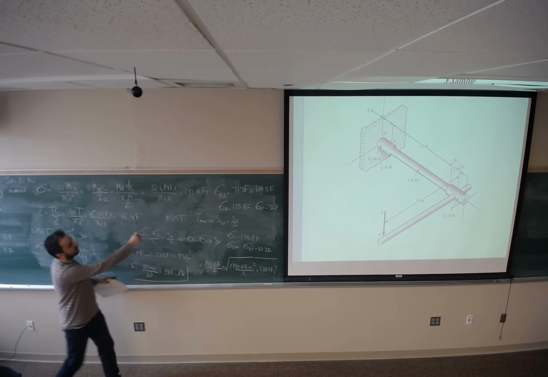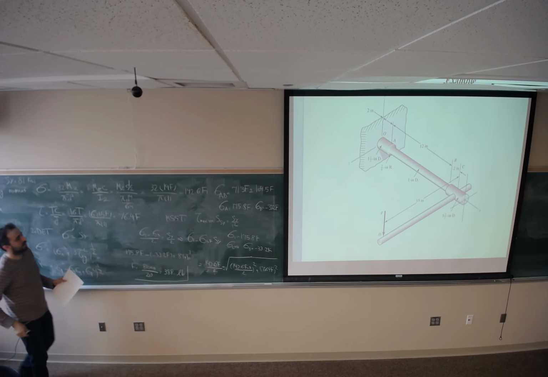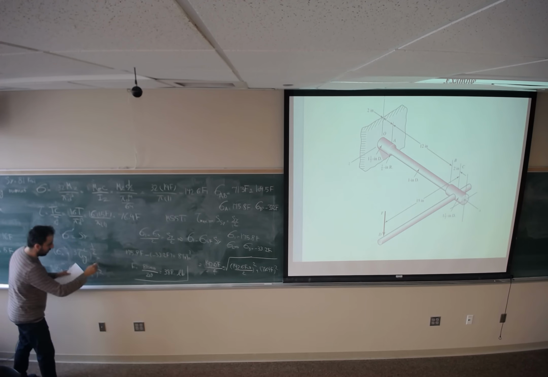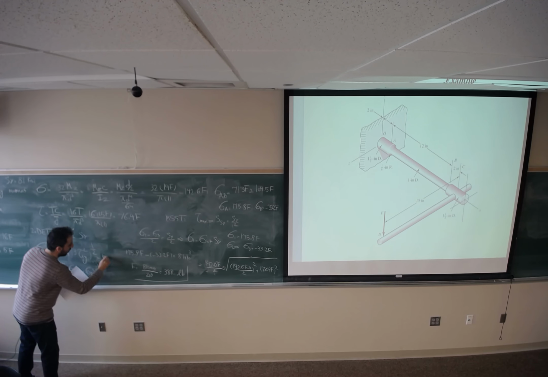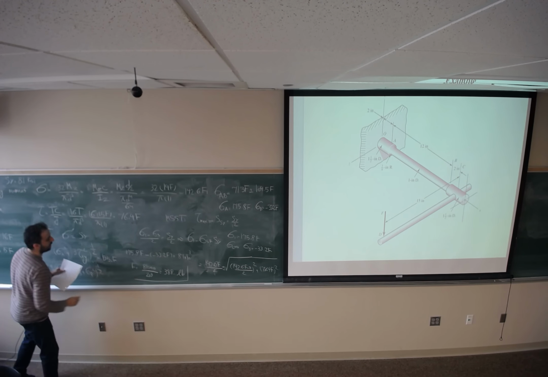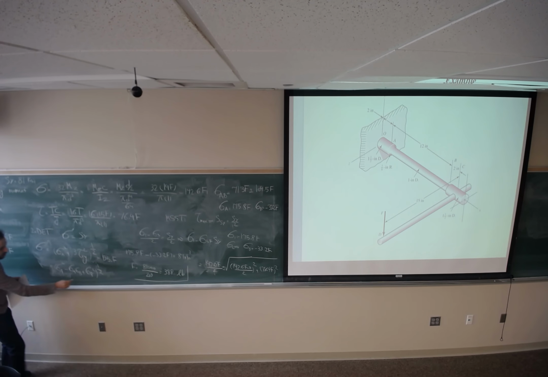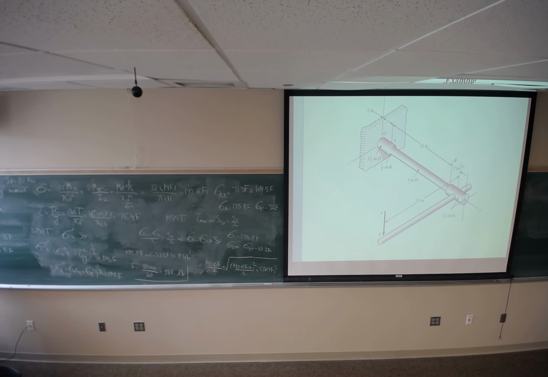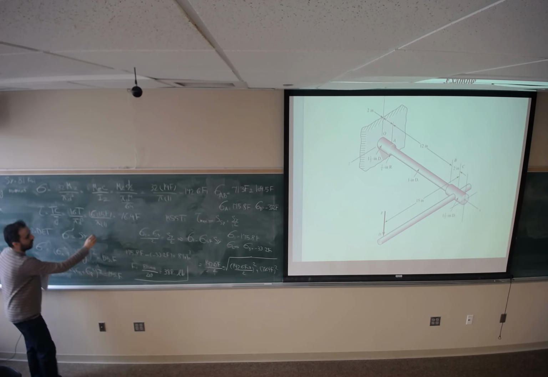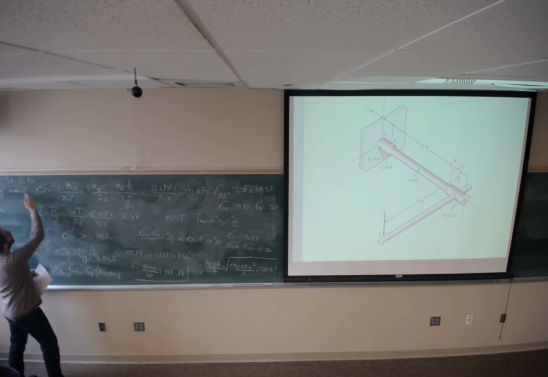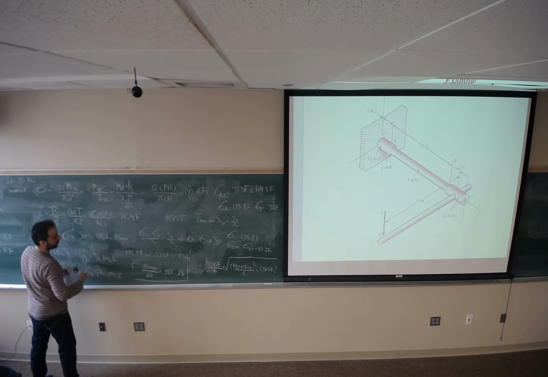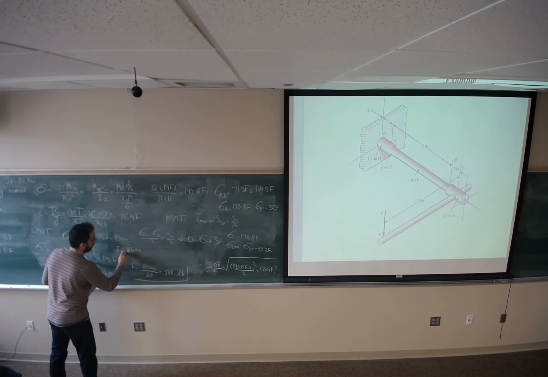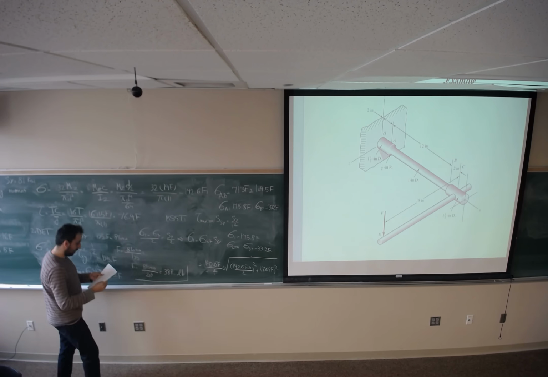Sigma x is 142.6 F, tau xy is 76.4 F. If I plug in there, I will get 195 F. You should get the same result. So 195 F equals 81,000, and F would be 81,000 divided by 195. It's going to be 416 pounds.